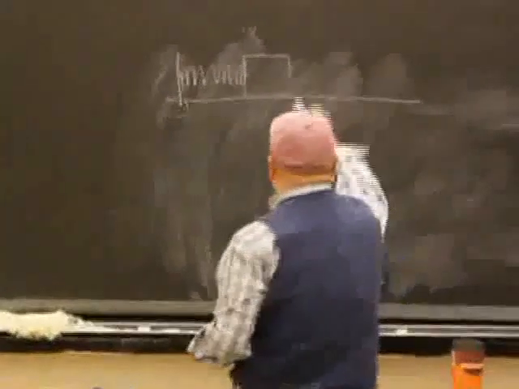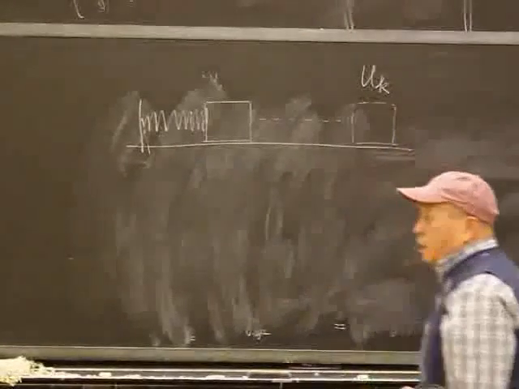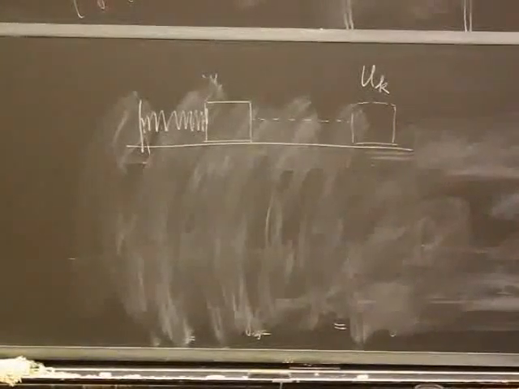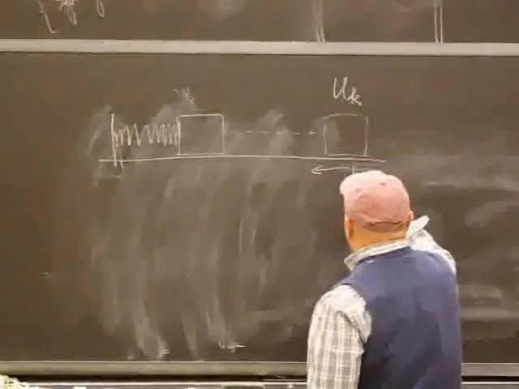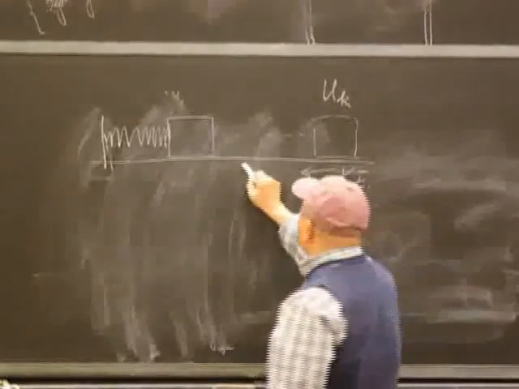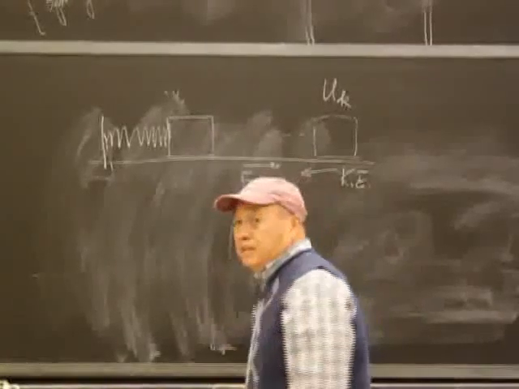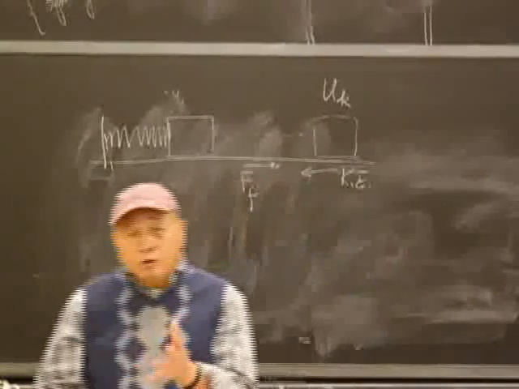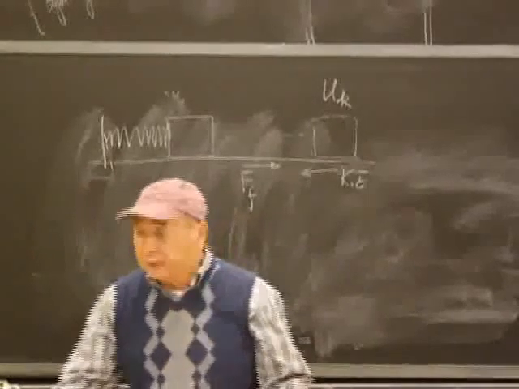First we push it, which gives potential energy for the spring, and then there is motion, which means kinetic energy, and there's a force against it that we call frictional force. So now non-conservative and conservative forces are adding together.